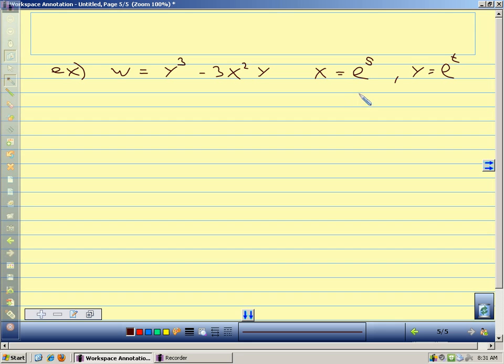And let's say we're looking at the point s equals 0 and t equals 1. We want to find dw/ds and dw/dt at this particular point.